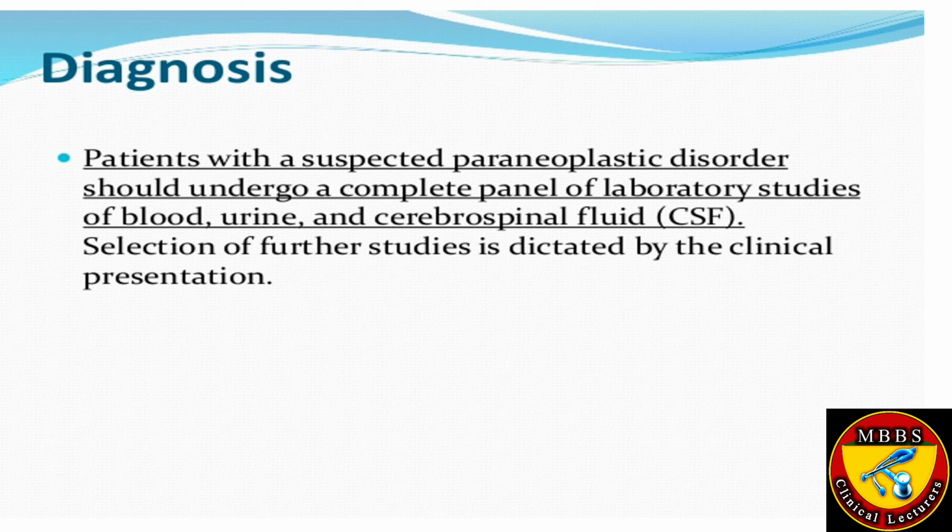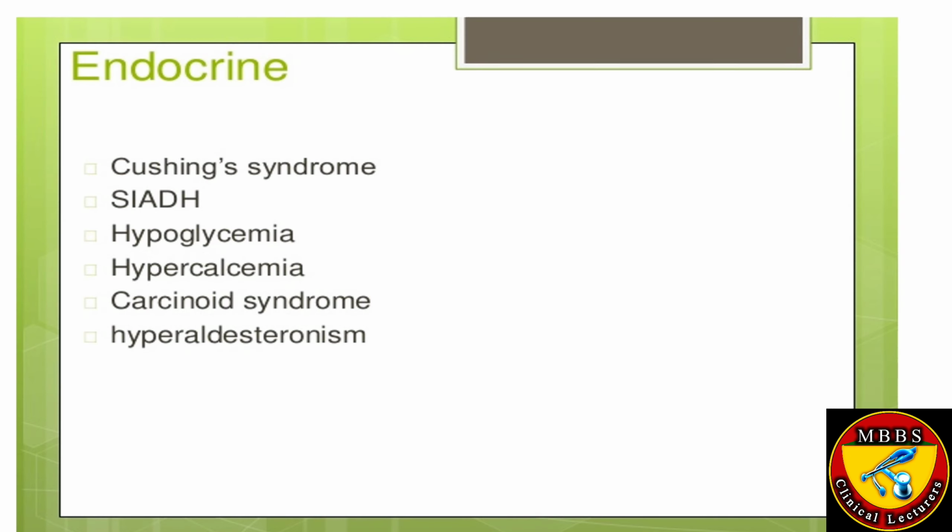So these are the basic laboratory investigations usually written for patients suspected of paraneoplastic disorders. Further studies are also prescribed by the clinician according to the tumor presentation. These are the examples I have shown in the slides, and I also mentioned table 7.11 given in Robbins.